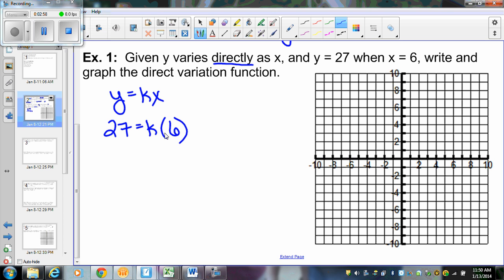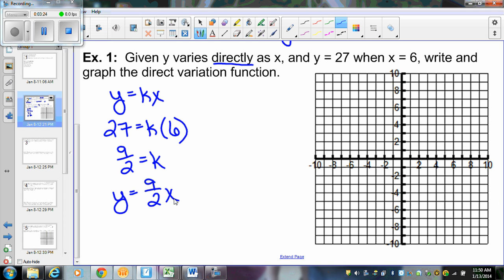So I can use that now to solve for my constant of variation k that can be used to write a general equation for this entire relationship. So to do that, I would need to divide both sides by 6, and I would end up getting 9/2, or 4.5 for k. So my direct variation equation for this scenario is that y is equal to 9/2 x.